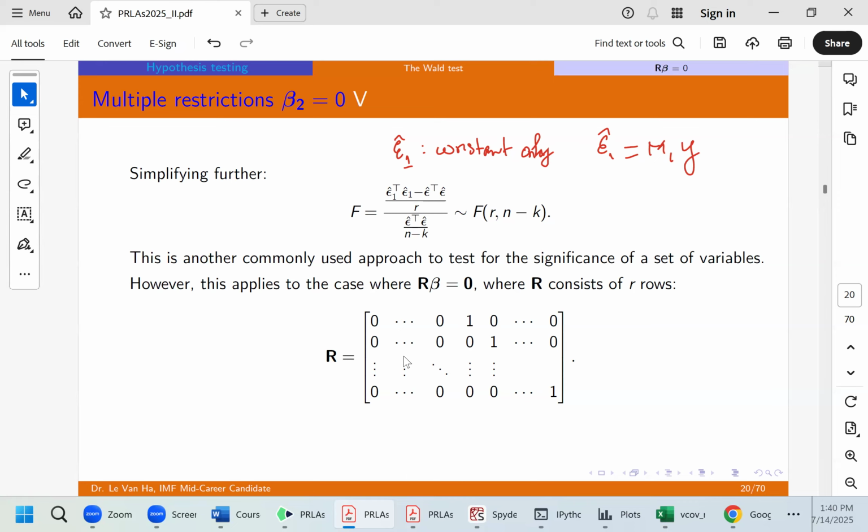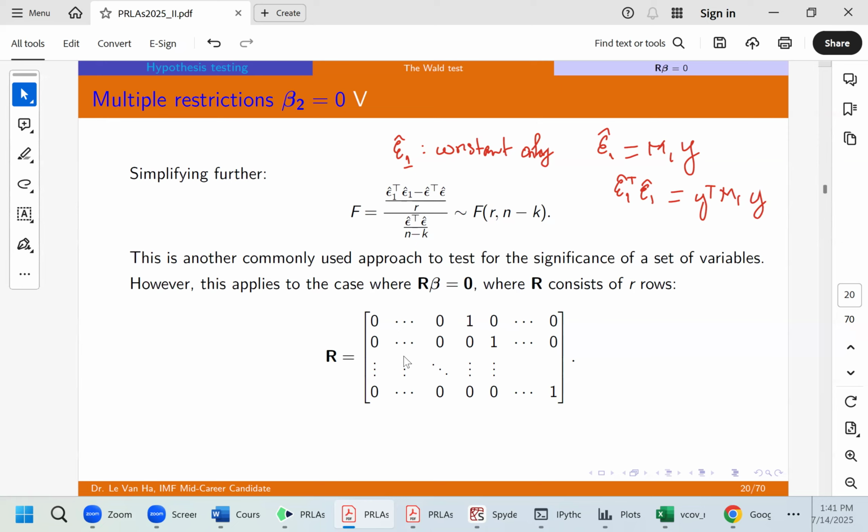So let's say epsilon hat 1 transpose epsilon hat 1 is nothing more than y transpose M_1 y. Is that correct? Agree with me? Now, because here you only have the constant, this is the total variation in y, right? This is the error term in the full regression model.